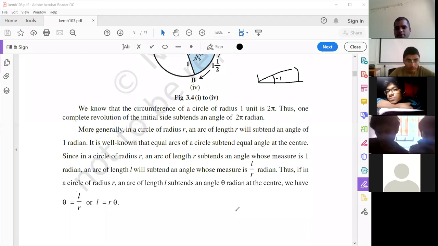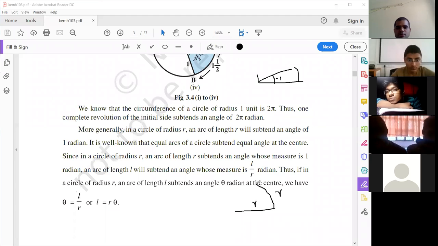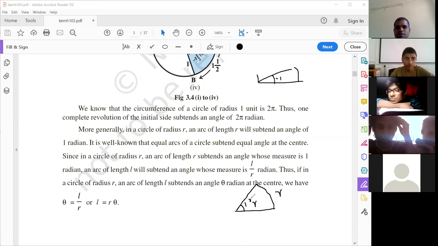If the radius of the circle is r, and the length of the arc is r, this will also be 1 radian. The angle will be 1 radian.